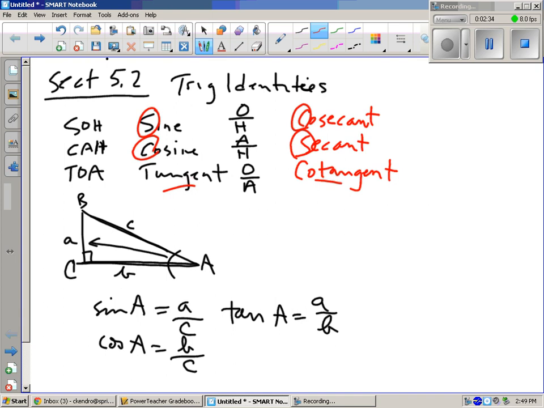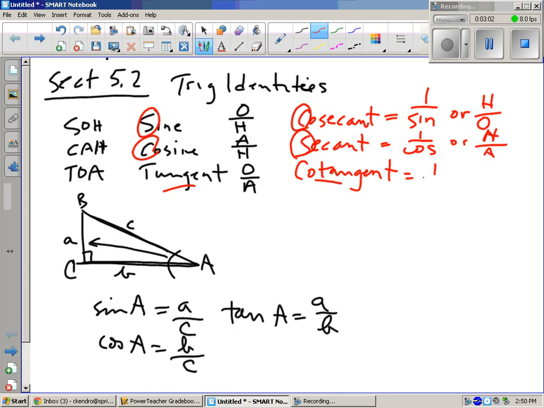Now they're evil because we don't have buttons on our calculator, so it makes it harder to figure them out. But they're simple in the fact that all they are is the reciprocals of their twins. So cosecant is really 1 over the sine, or hypotenuse over opposite. Secant is 1 over cosine, or hypotenuse over adjacent.